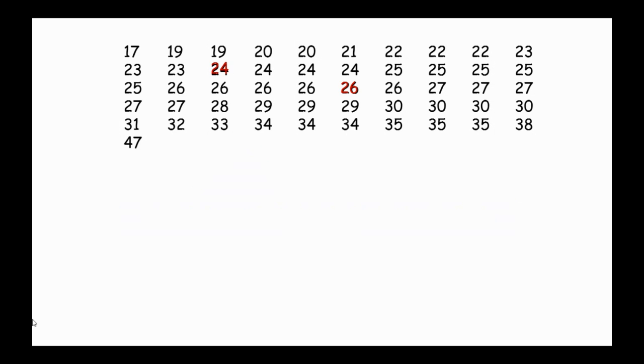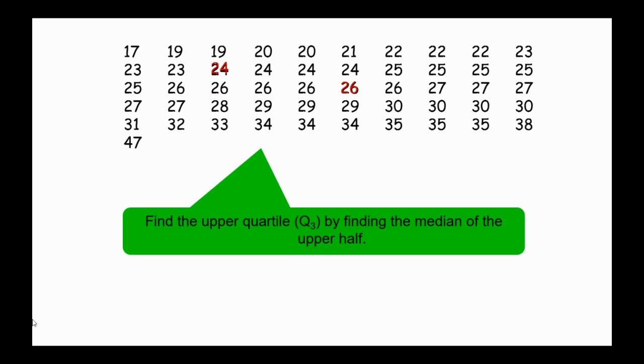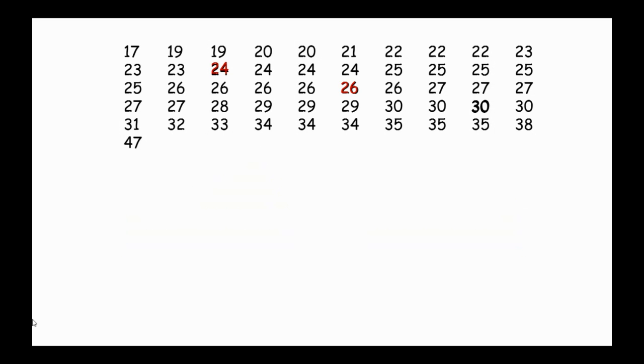So that first 24 is the lower quartile. And then I'll go down here and count 13 from the end. And I think it's that 30. Yep, it is. So this 30 is our upper quartile.